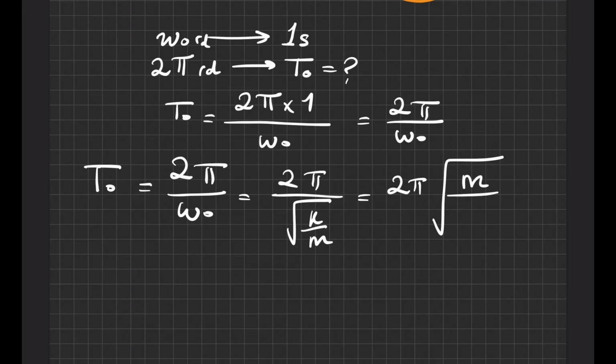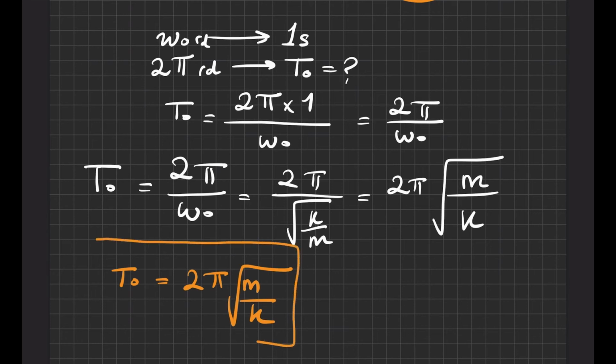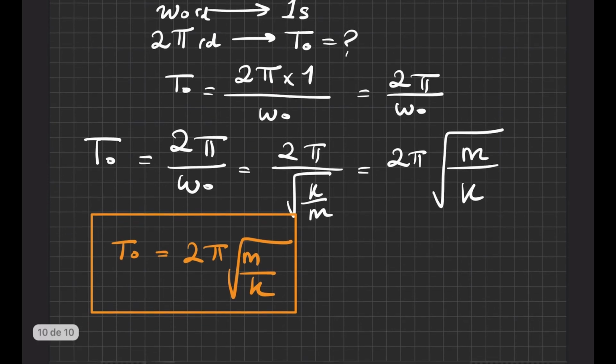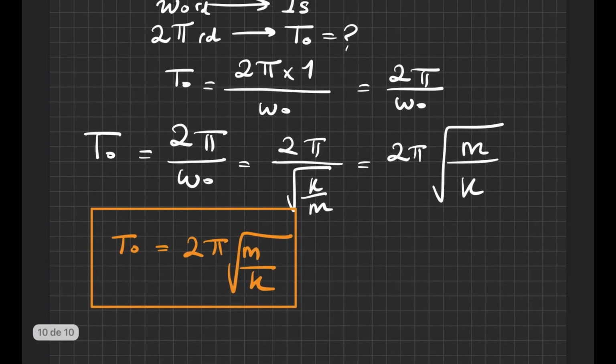It's equal to radical m over k. So we got our first characteristic of this oscillatory motion: T0 equals 2 pi radical m over k. Let's put it in a nice rectangle.